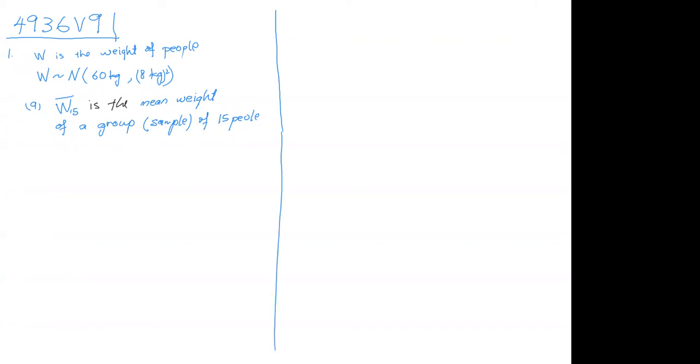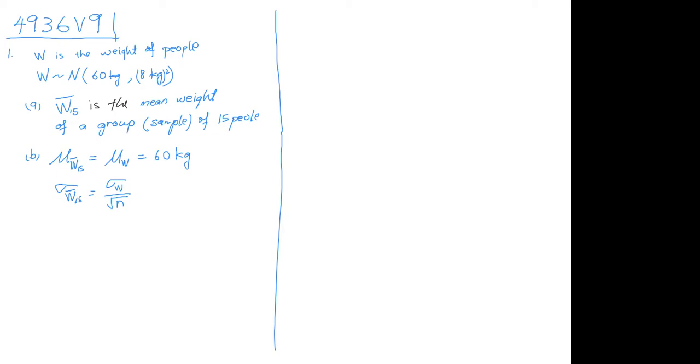Then after that, the question will ask you, find the mean of the sample mean. So you have to write that this is equal to the population mean, which is equal to 60 kg. You write like that. Then the standard deviation of the sample mean is equal to the standard deviation of the population divided by the square root of the sample size.